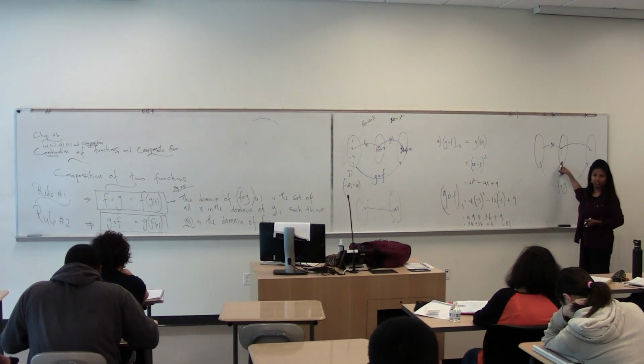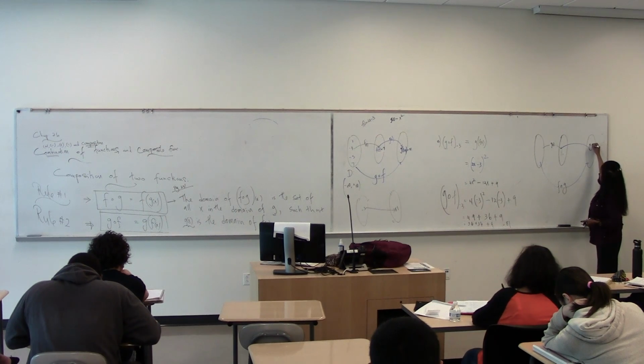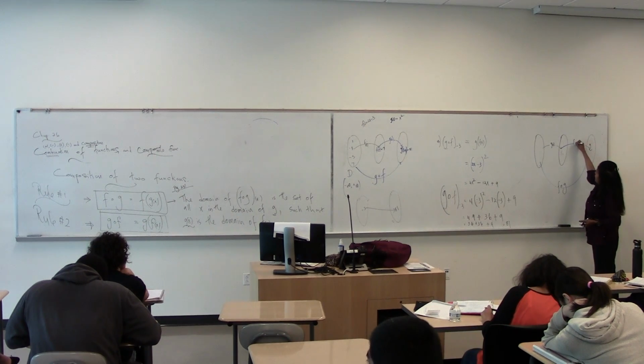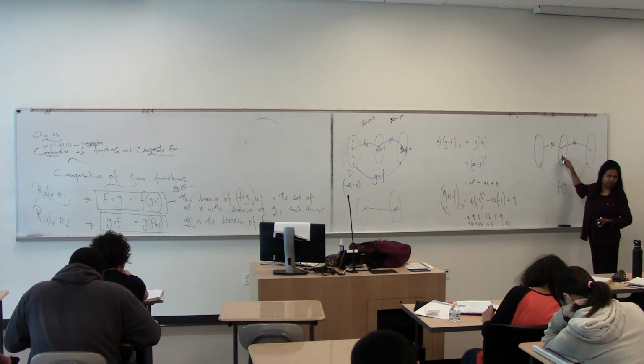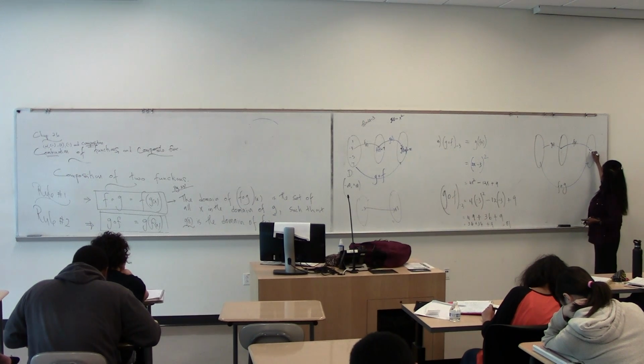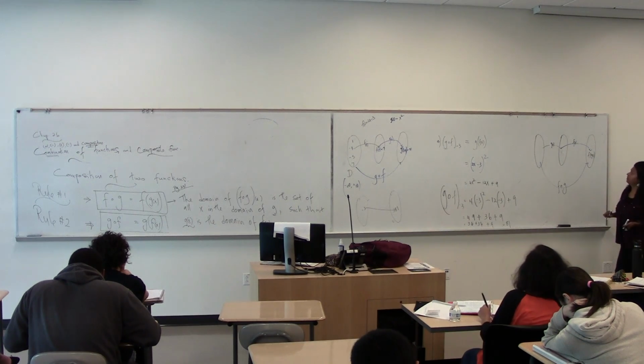This is the rule F here. So I'm using G of x as the domain. So it's going to be F of g of x.